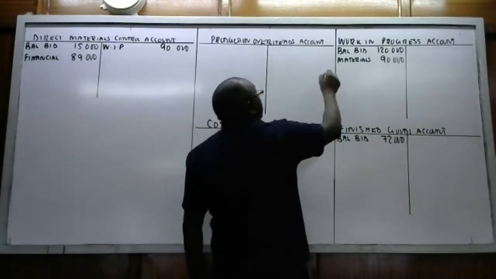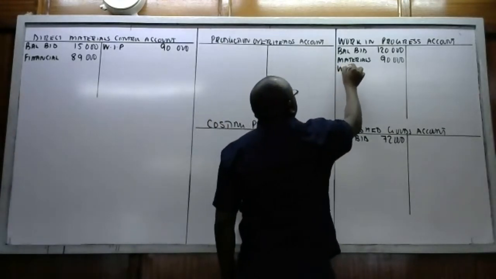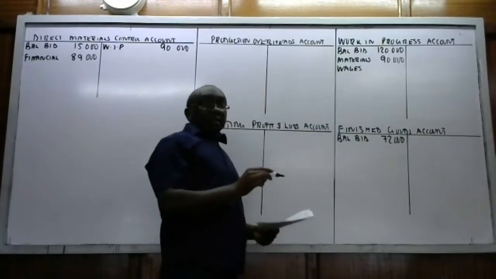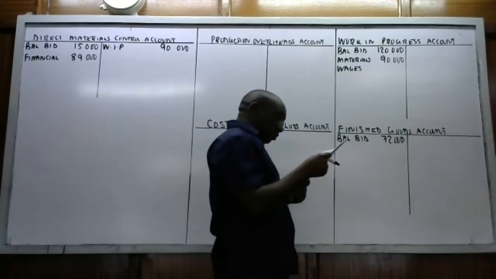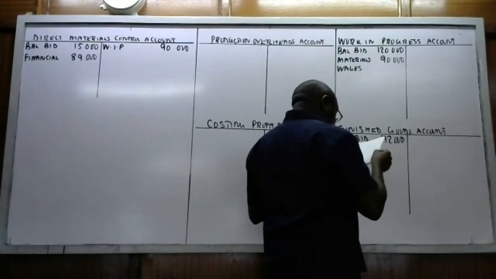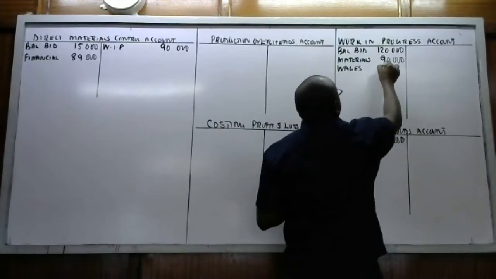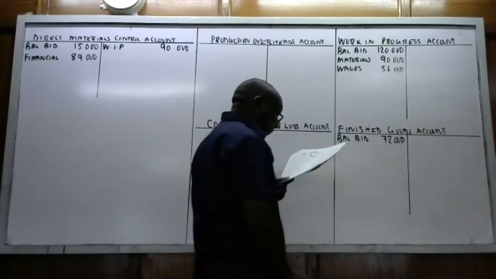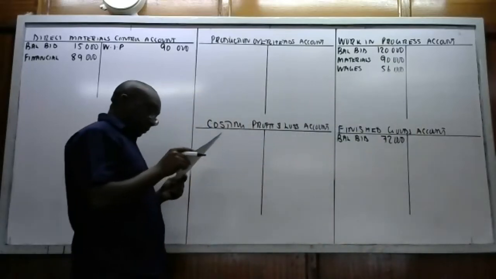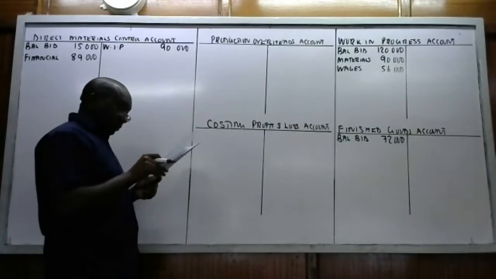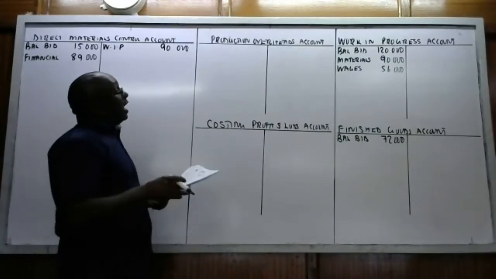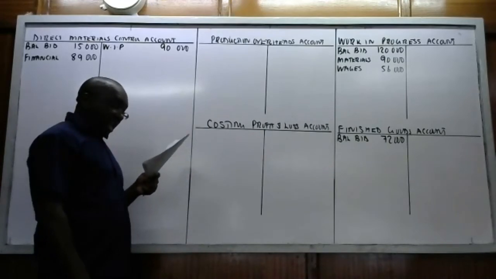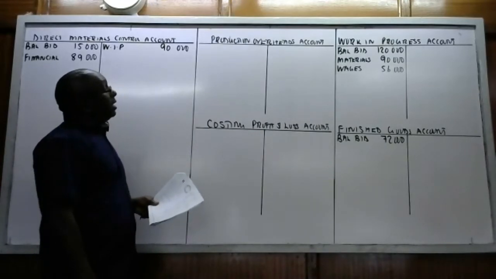So because of wages, we have brought 56,000. Then the same argument would be said for the indirect wages paid.